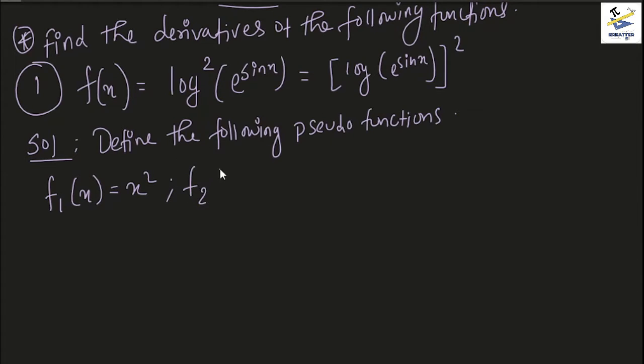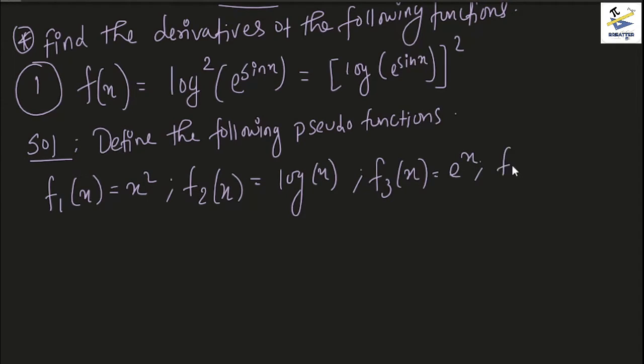The next function that you can see is a logarithmic function, so f2 of x is log of x. We also have an exponential function, so f3 of x equals e to the power x, and a fourth function which would be not e, it would be sine x, right?